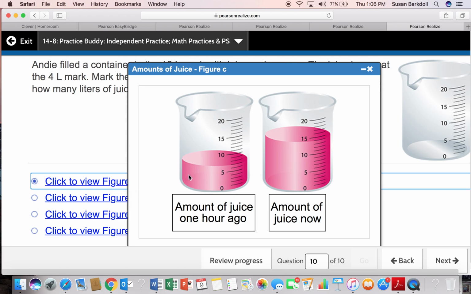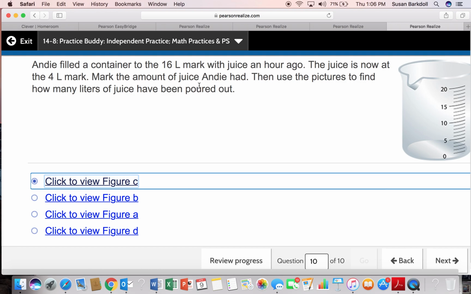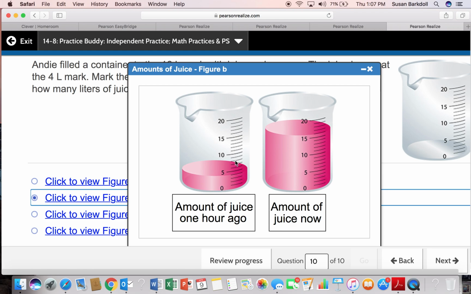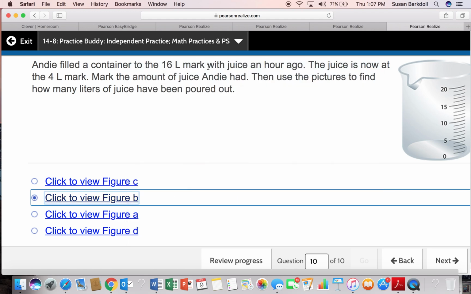Well, this one is not a good answer, because if you started with this, you don't have that. You have to have less than what you started with. See, he started with 16 and he now has 4.